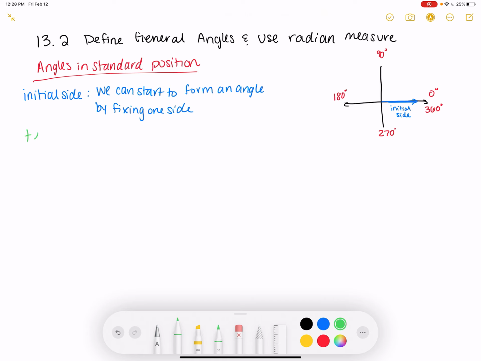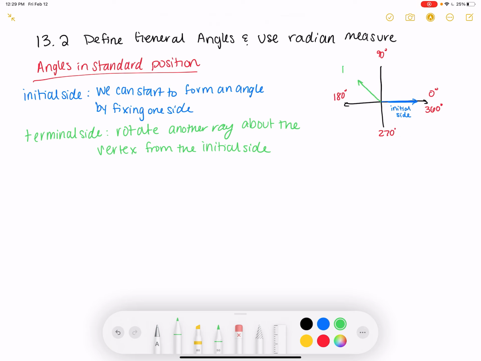And then we've got, I'll try to do it in some different colors, the terminal side. So rotate another ray about the vertex from the initial side. And so that is going to be, doesn't really matter, but we're going to draw it out over here.